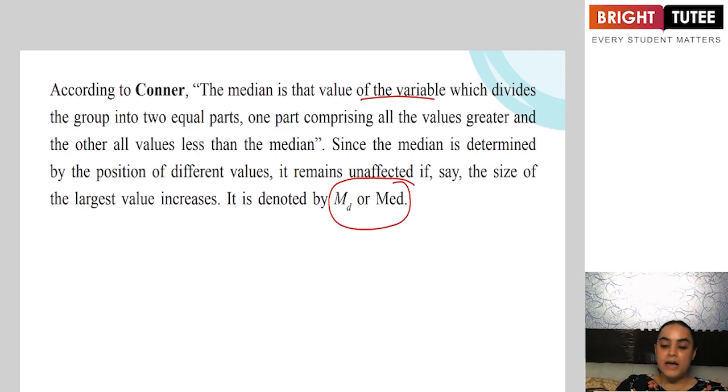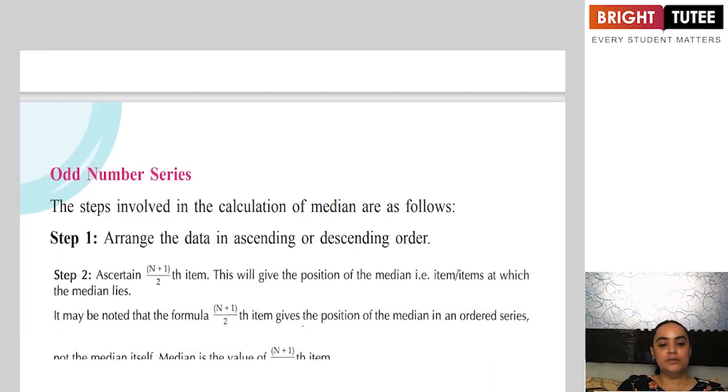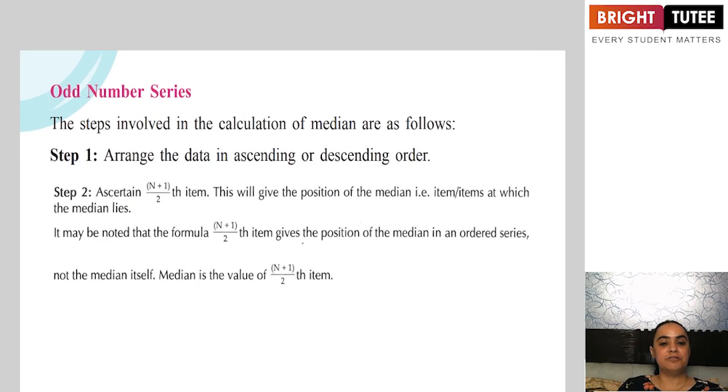Now, how do we calculate the median when my series is odd in number? What do I do first? I am going to arrange the data in either ascending or descending order.